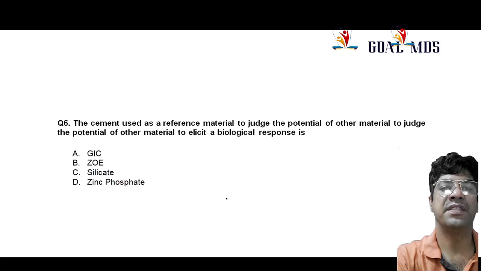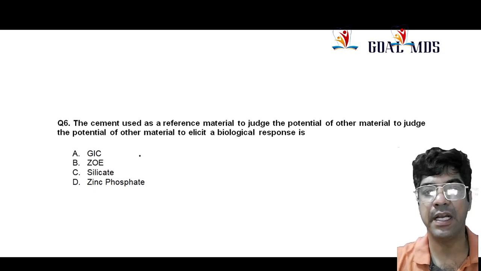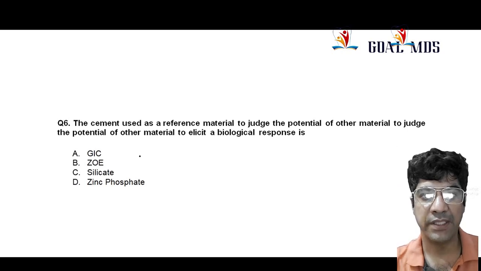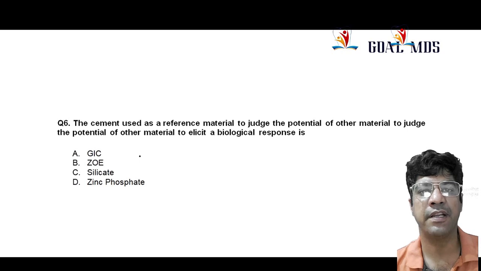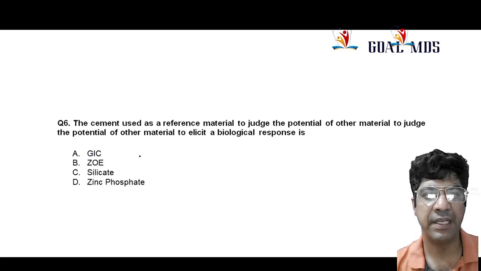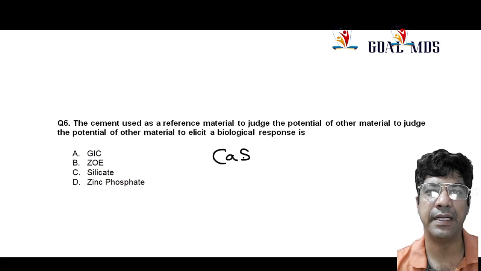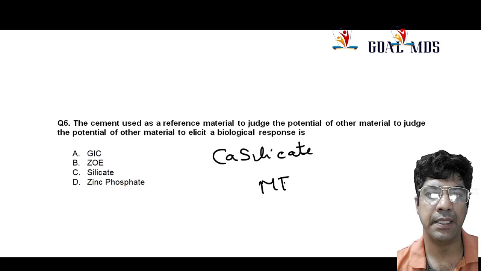Moving to next question, the cement used as reference material to judge the potential of other materials to elicit a biological response. It is silicate cement. Silicate cement, particularly the calcium silicate based cement like MTA.